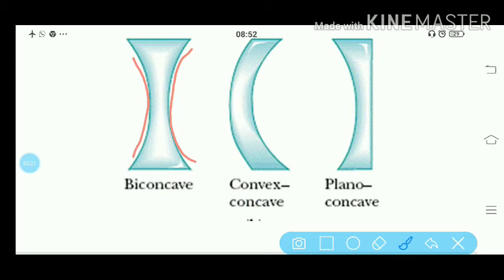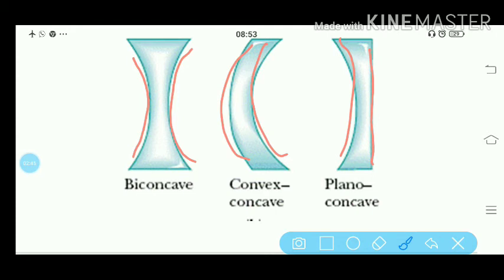A plano-concave lens: one side is plane and the other side is concave. And the third one, convexo-concave lens, has one surface concave and the other surface convex.